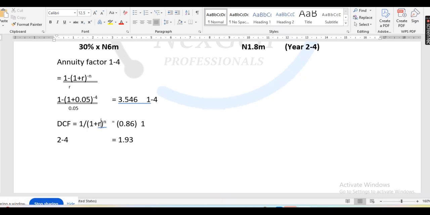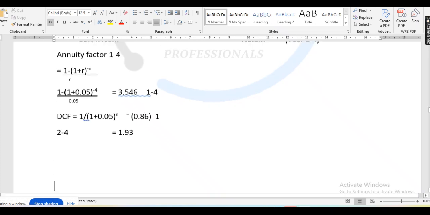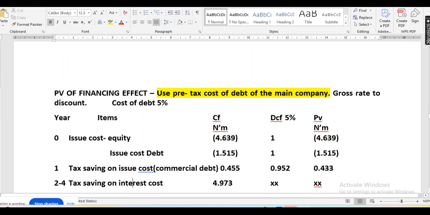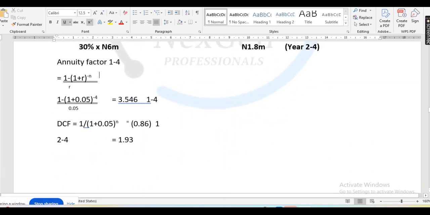This is 0.005. So what is the DCF for year 1? I think we've done it. 0.952, right? Yes. So 0.952.